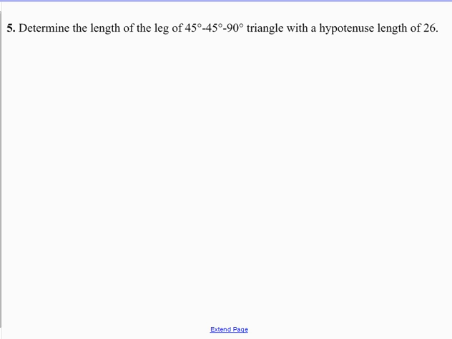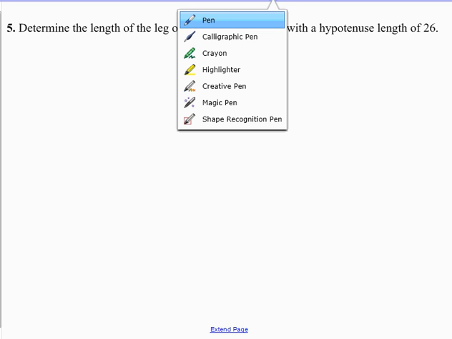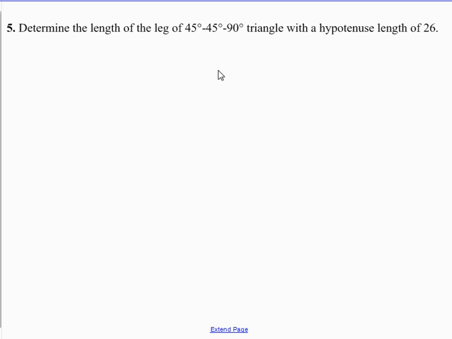Now we've got a 45, 45, 90 triangle with a hypotenuse the length of 26. Well, we know that if the hypotenuse is 26, then we're going to have to divide by radical 2. So 26 divided by radical 2.